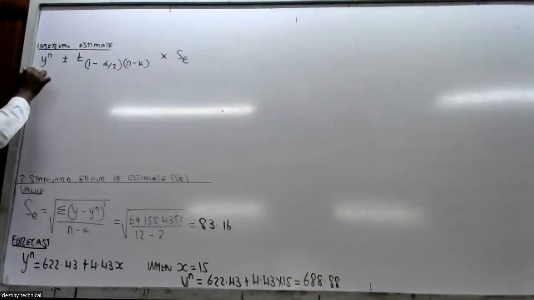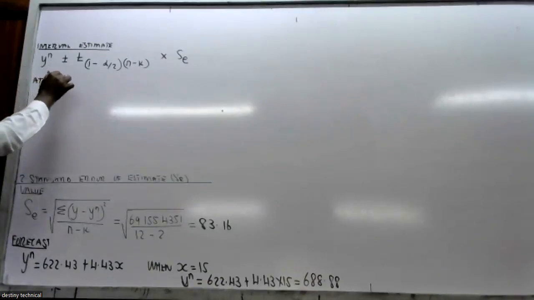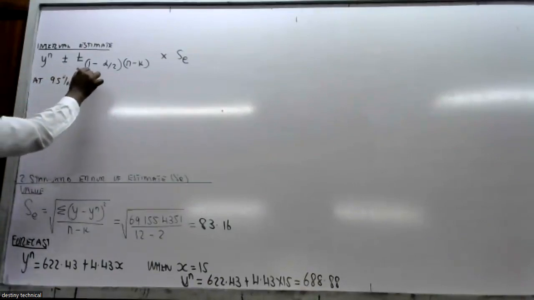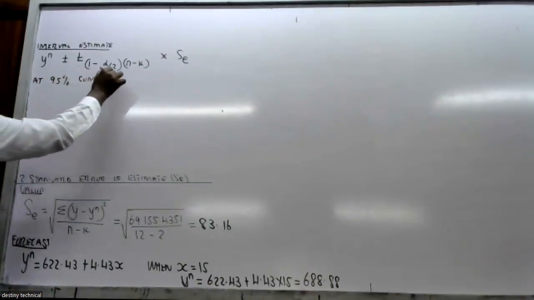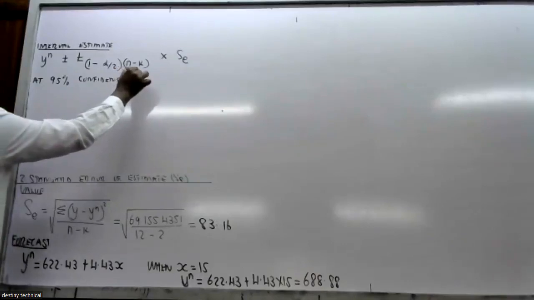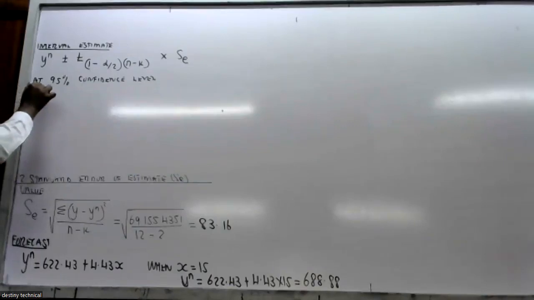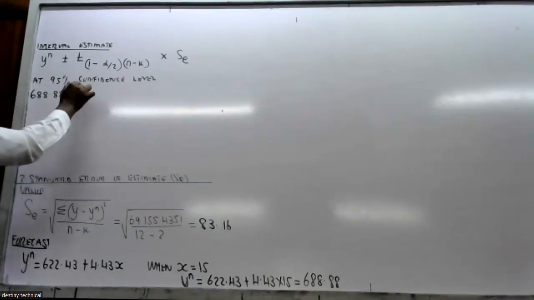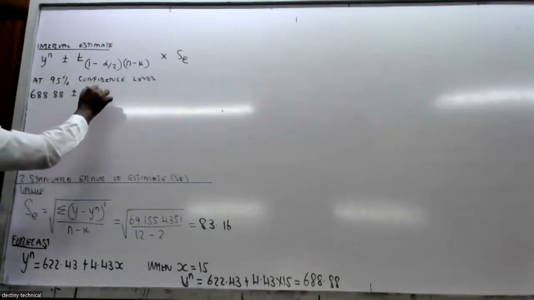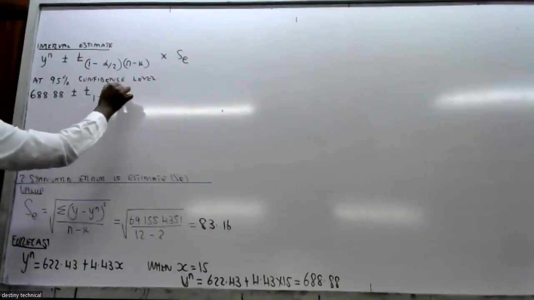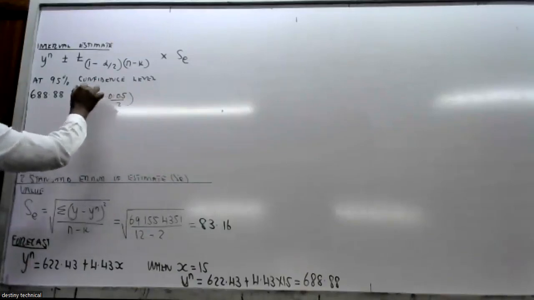So at 95% confidence level, our predicted is 688.88 plus or minus t 1 minus 0.05 out of 2.